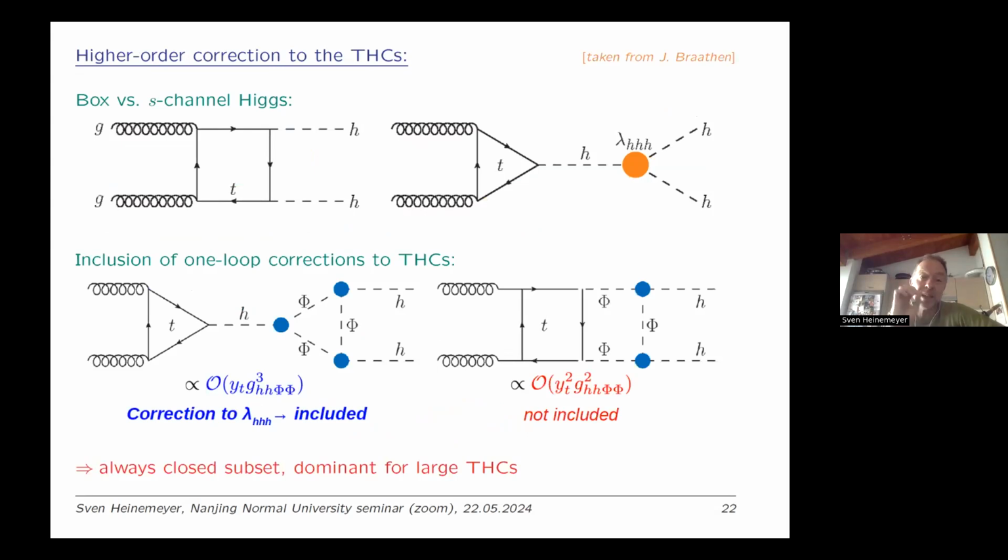And as I was telling you, we also take into account higher order corrections. In the two Higgs doublet model, we take into account the higher order corrections, which can be much larger than in the standard model. We take them into account as corrections to this vertex here. And you can see this depicted like this.